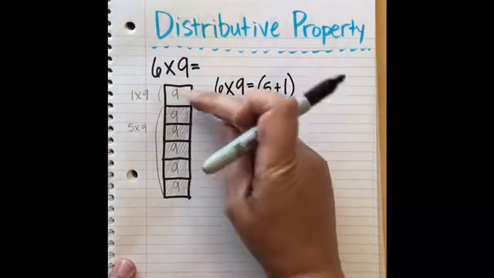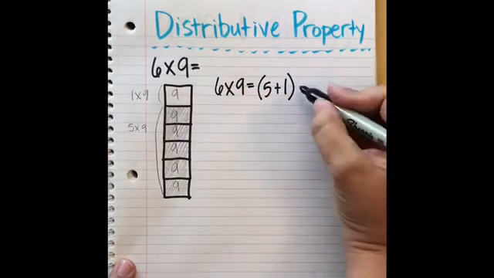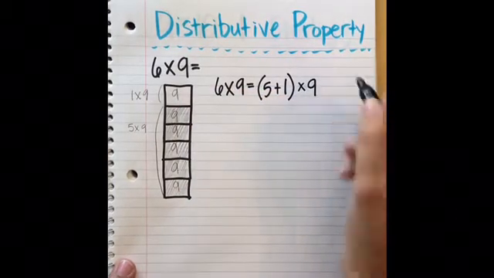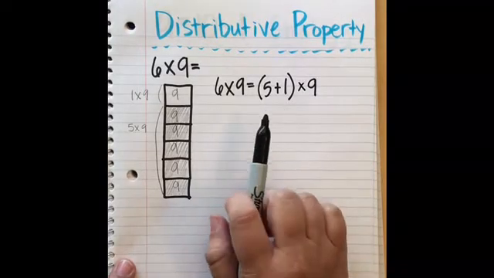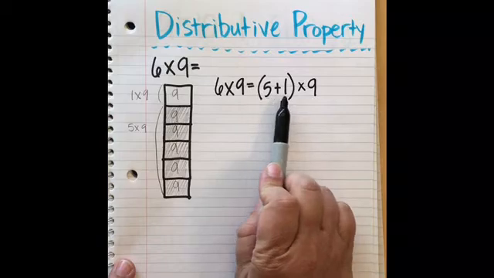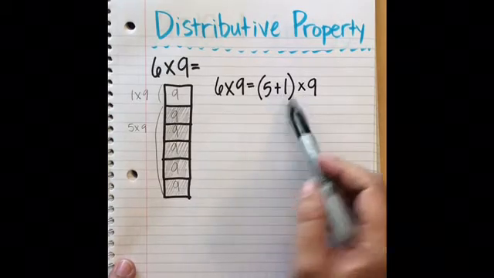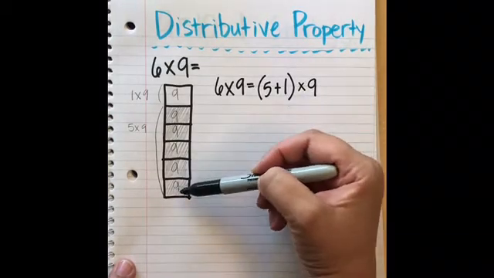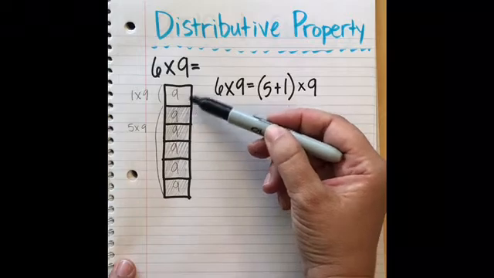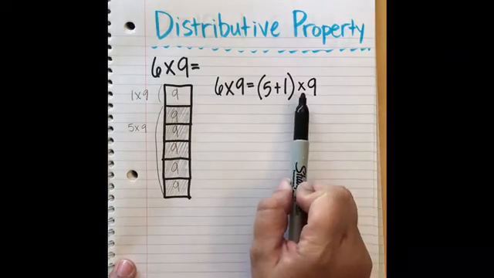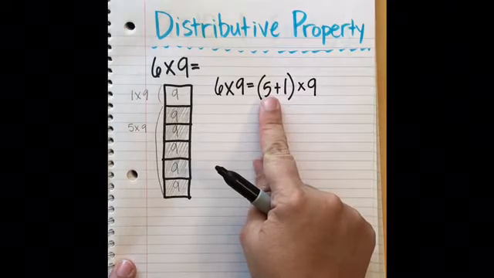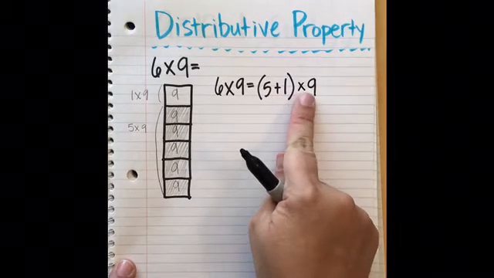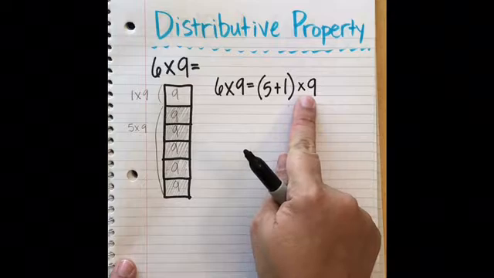So we did 5 plus 1, and then we did 5 plus 1 9s. So go ahead and write this down, and I want you to think to yourself, why is the 5 plus 1 in parentheses? So our parentheses show that we have 5 groups of 9 and 1 group of 9. And then by doing times 9, we say that all of these numbers in here are actually groups of 9. So 5 groups of 9, 1 group of 9.